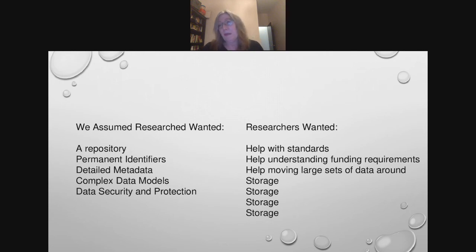And they were not interested. They wanted help with standards. They really needed help with their funding requirements because they were worried about that. They had a huge problem moving large sets of data around, which I'll talk about later, and everybody wanted help with storage.